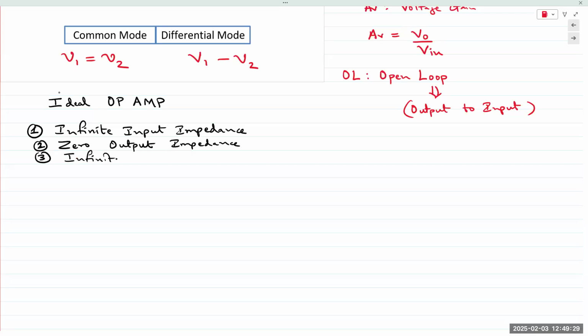Infinite gain in the open loop. Infinite differential gain. And then zero common mode gain.